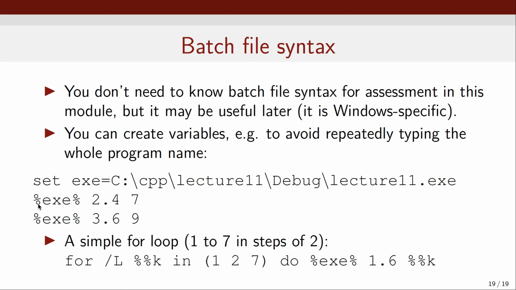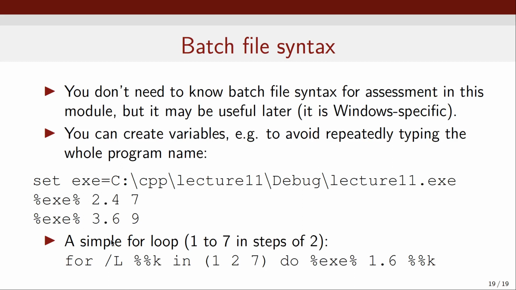And then I can type inside the batch file %exe% and then the arguments, and that will run this executable, and I don't have to type up this whole string, this whole path. I can just use a shortcut for this when I want to run that executable.